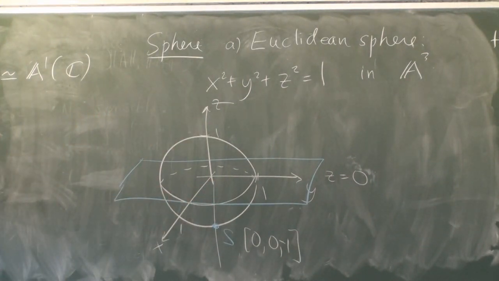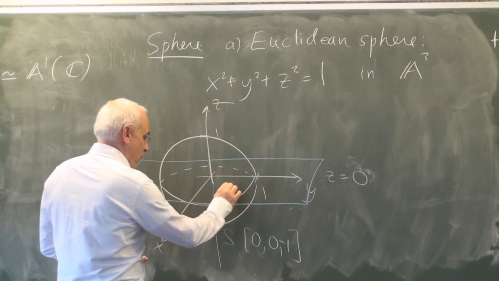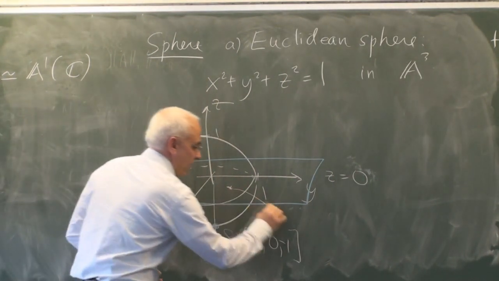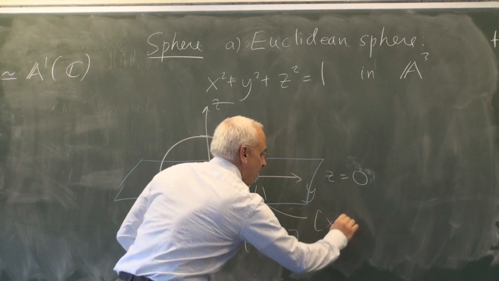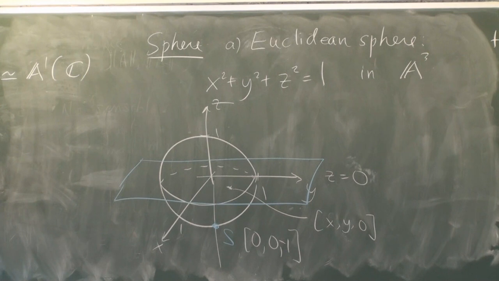And what we're going to do is something very much like what we did for the circle. We're going to take a point in this equatorial plane, namely the point x, y, 0. It's in the plane.